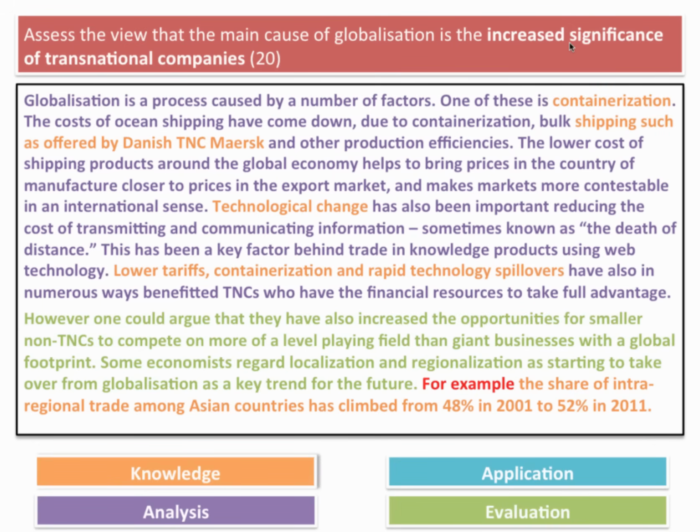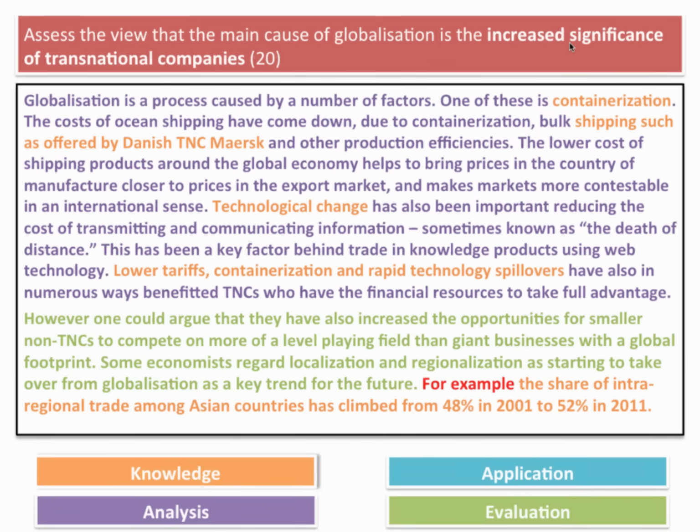So you can see there, this slide here is full of analysis. Containerisation is an economy of scale. It's made markets more contestable. Technological change has cut the cost of communicating. There's lots of causal economics here, but you have to evaluate. And the crucial thing, you have to evaluate the point you've made.